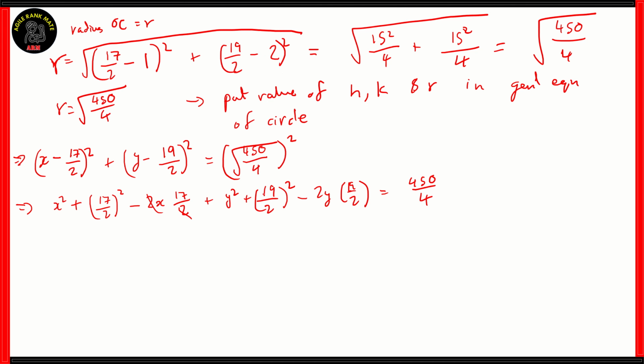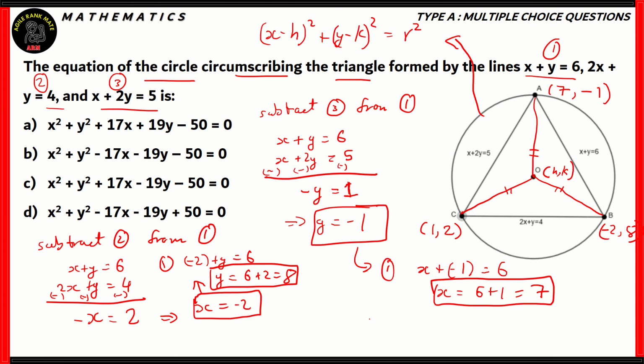Alright, so the 2's get cancelled from both terms with a minus sign. So basically we can rewrite the equation as x squared plus y squared minus 17x minus 19y. Now at this stage, we can go back to our question and eliminate options A and C because they do not have the minus sign for both 17x and 19y. So we can eliminate A and C.